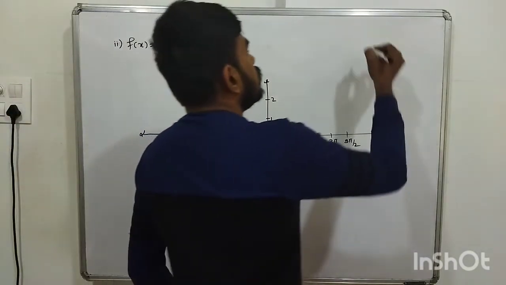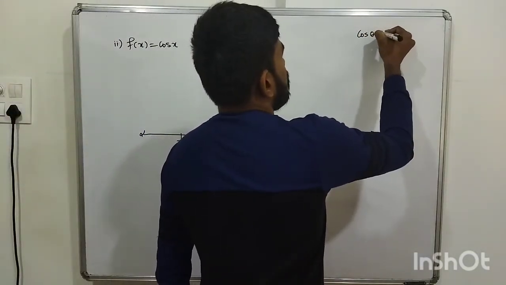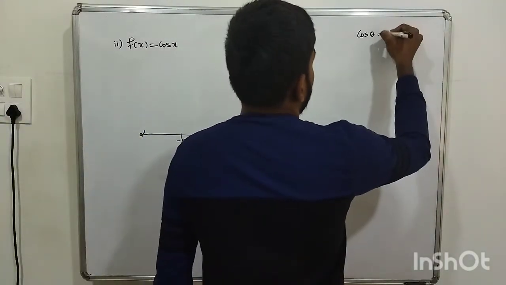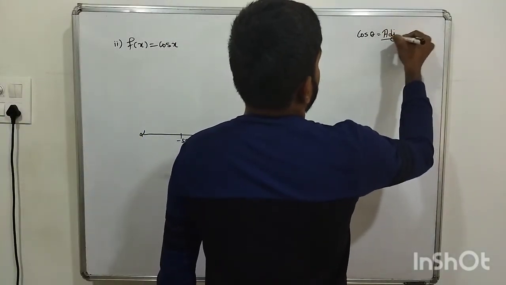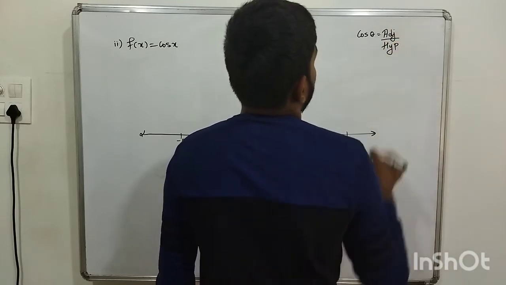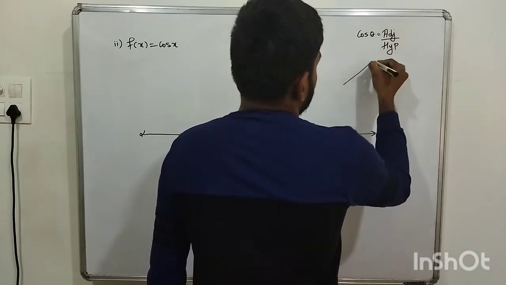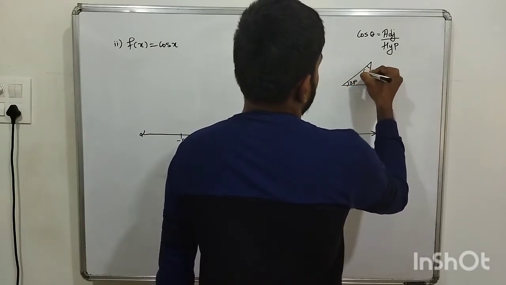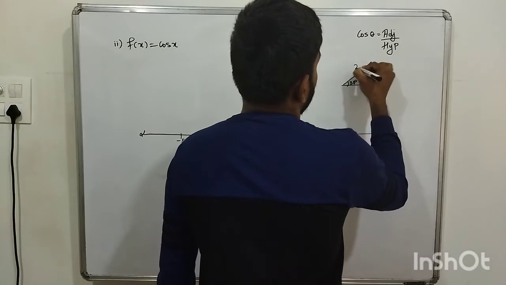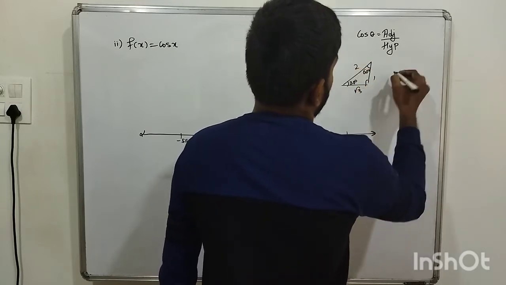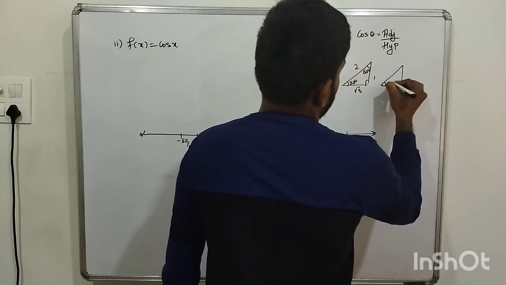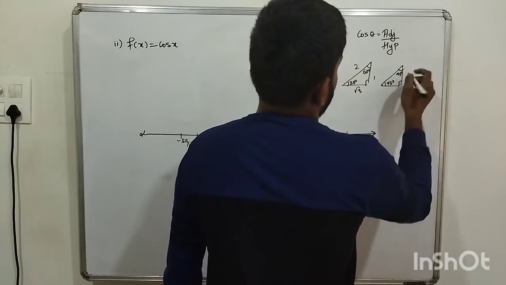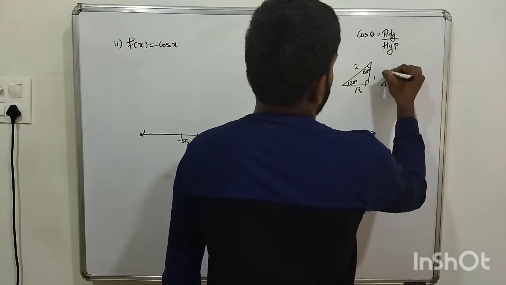Again, as you all know, cos theta is adjacent upon hypotenuse, correct? And these triangles, okay, 30, 60, 90 triangle, 1, 2, root 3, and 45, 45, 90 triangle, okay, 1, 1, root 2.